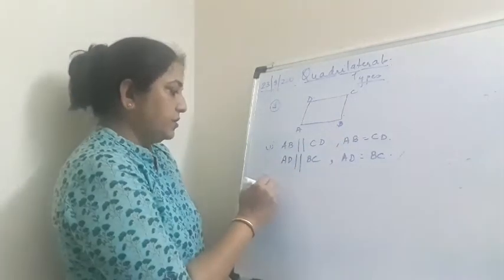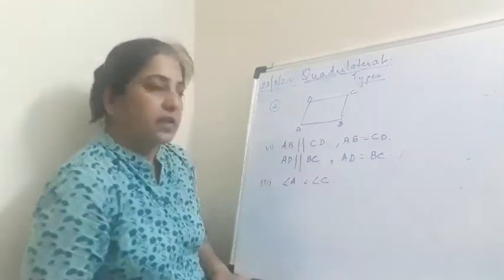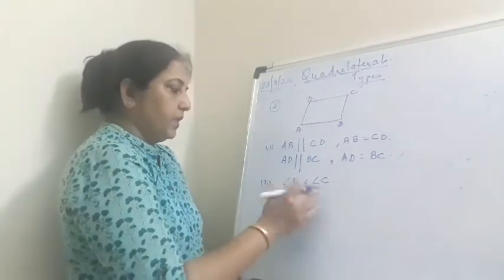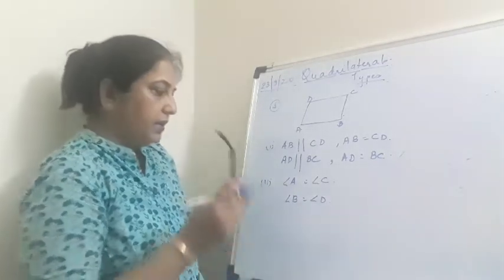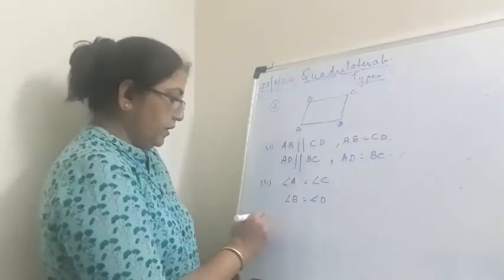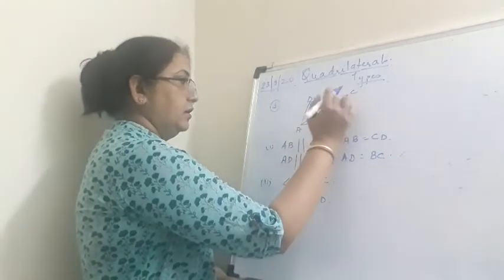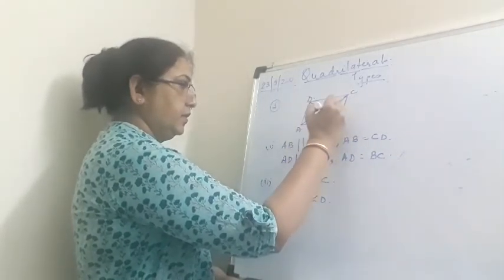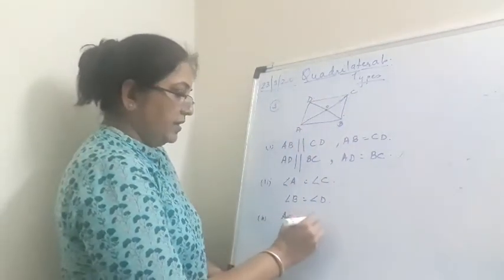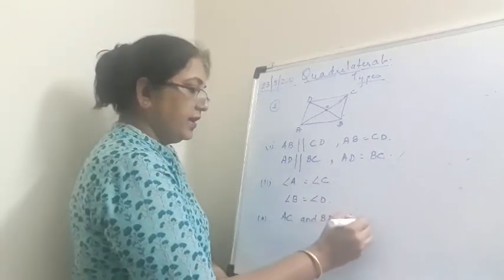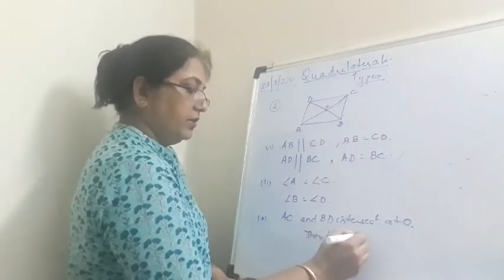Now the next part. Angle A is equal to angle C, which means opposite angles in a parallelogram are equal. So the second part: angle B will be equal to angle D. Then the third property: the diagonals AC and BD intersect at O and they bisect each other.